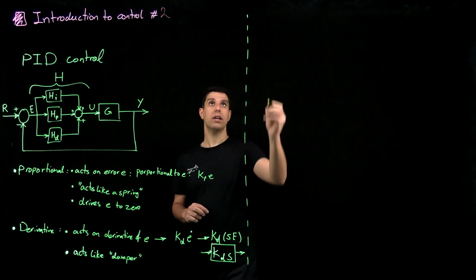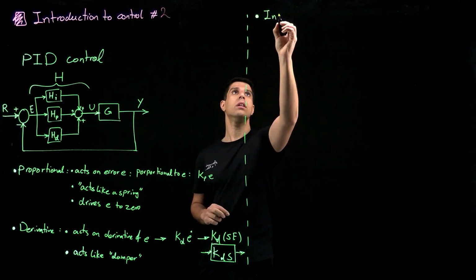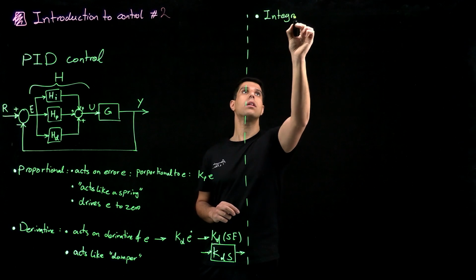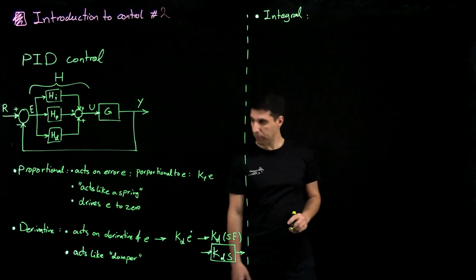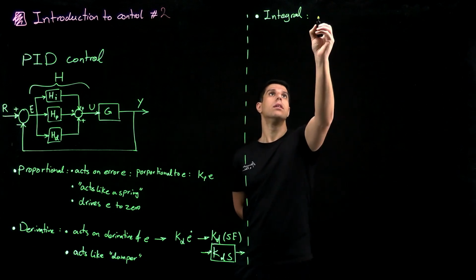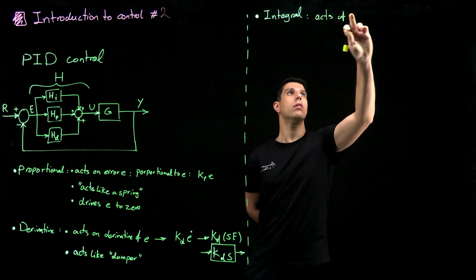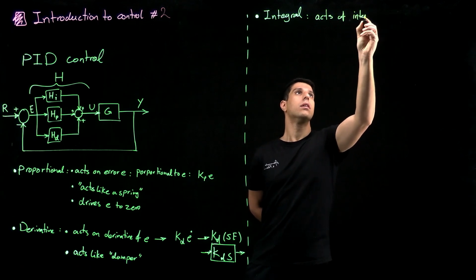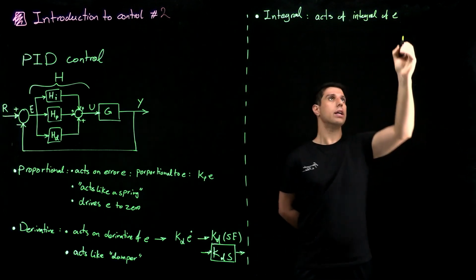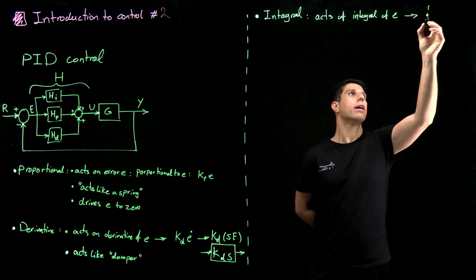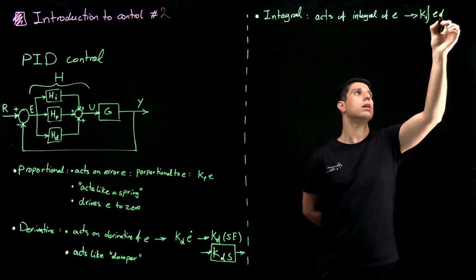And the last one, the integral. The integral controller acts on the integral of E, or it is some Ki times the integral of E dt.